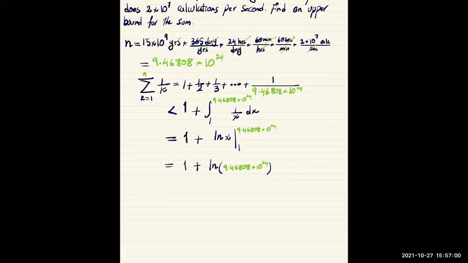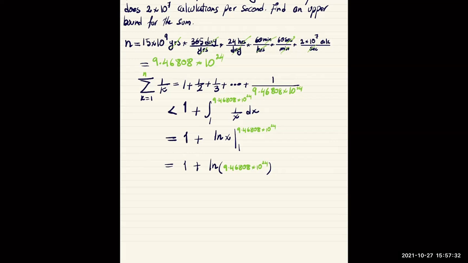And do this on the calculator now. Let me see. Do ln of 9.46808, and you can use properties of logs if you want, times 10 to the power of 24.